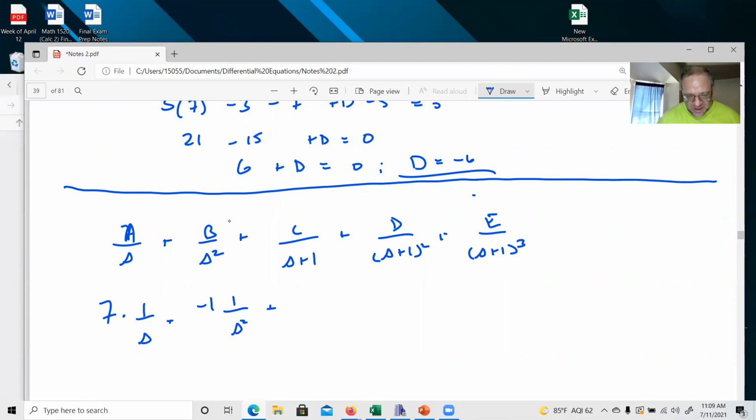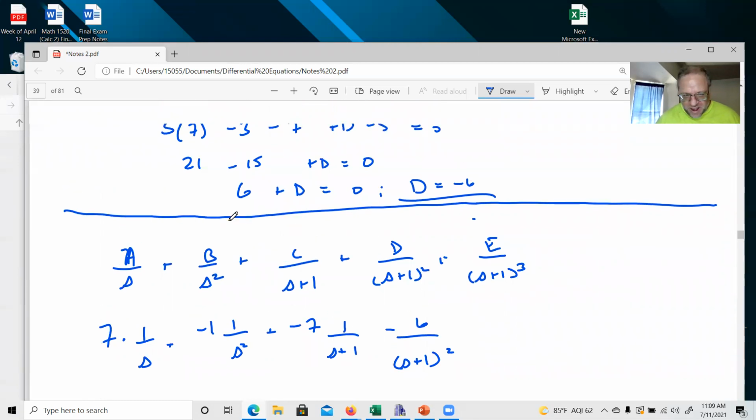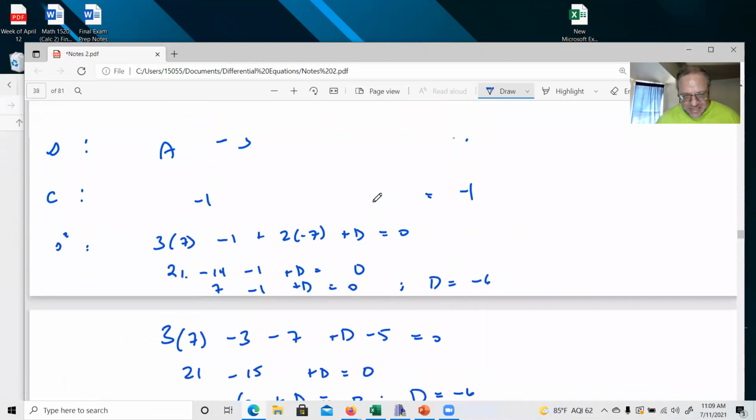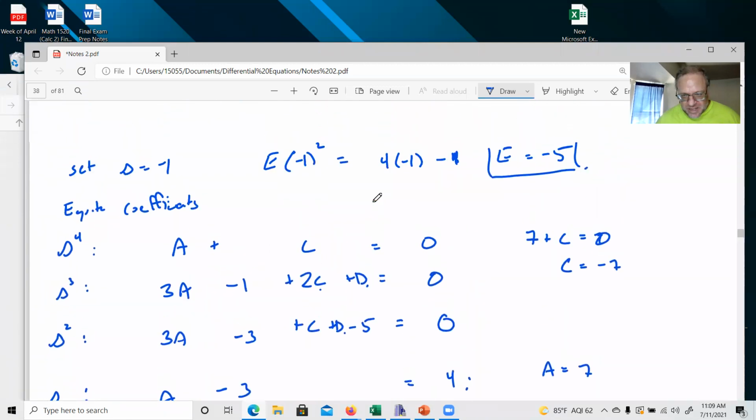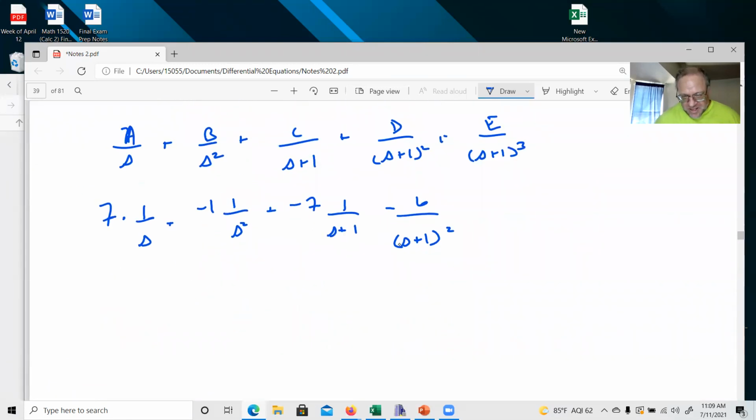What was c? C was negative 7 over s plus 1. D was negative 6 over s plus 1 squared. Okay, and then e was what? Negative 5? Was e negative 5? Good. Minus 5 over s plus 1 cubed.